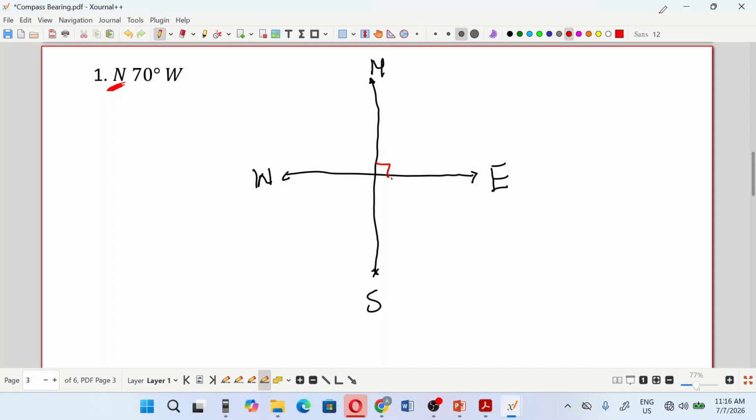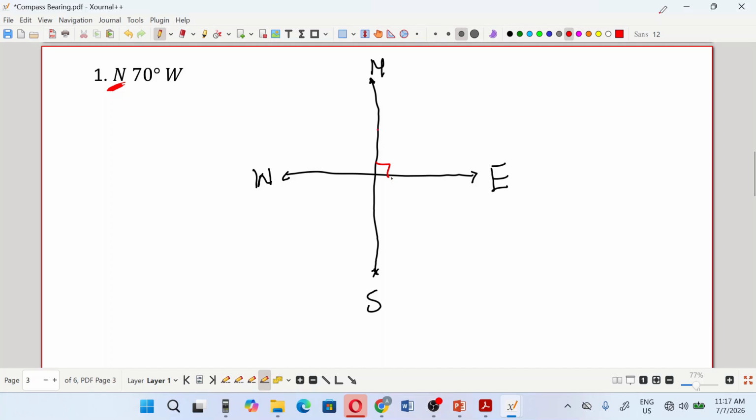Remember the whole of this quadrant is 90 degrees. Half of it is going to be 45 degrees, but I'm looking at 70. So 70 should be more than half of it, right? Because half of it is 45 and I want 70.